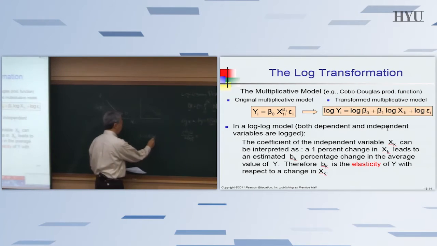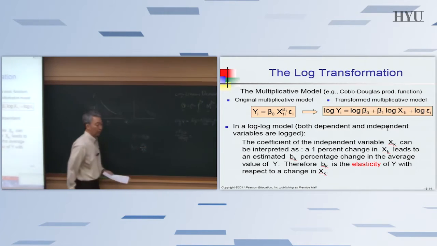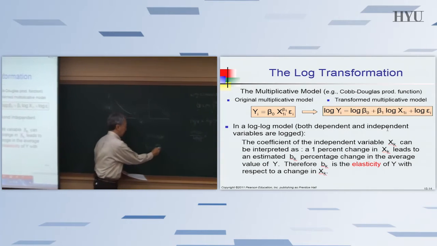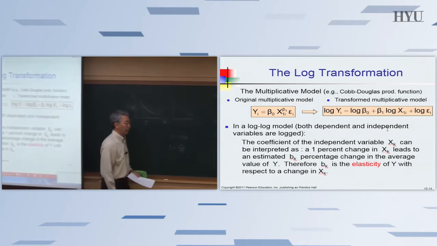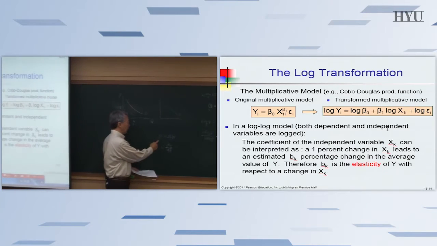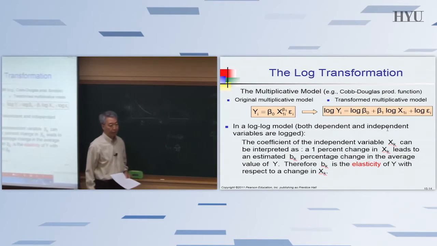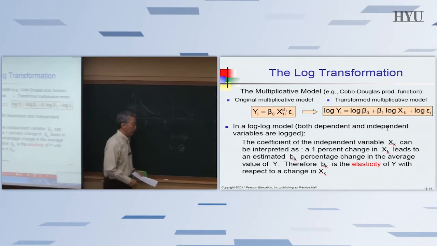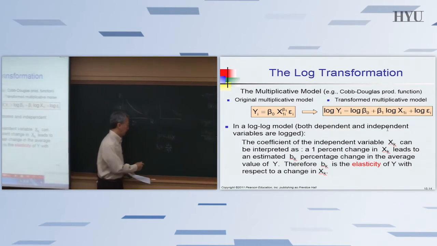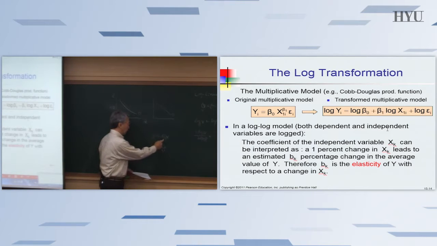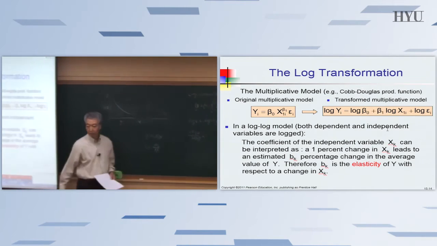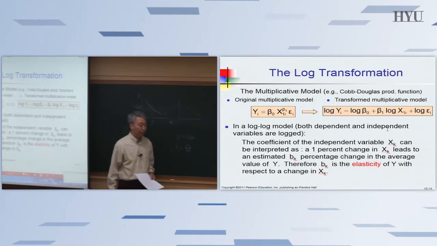What is b1? b1 is dy dx, because y is a function of only one independent variable, right? You can take the derivative, and b1 is dy dx. Okay? Is that correct?